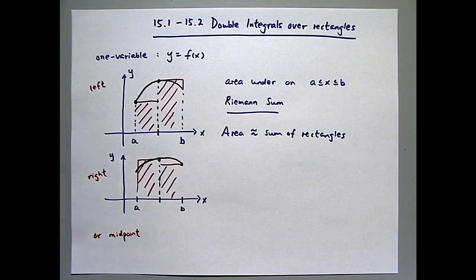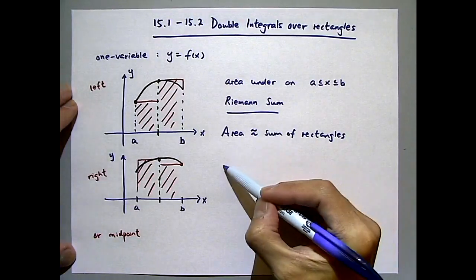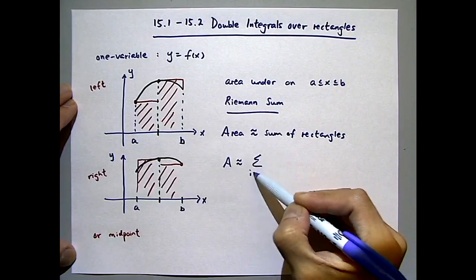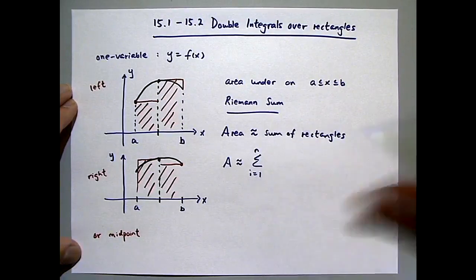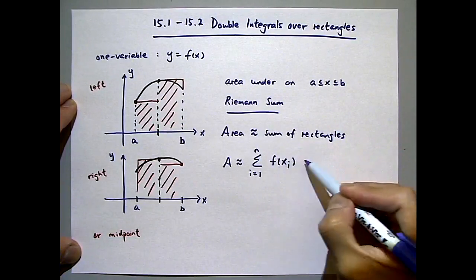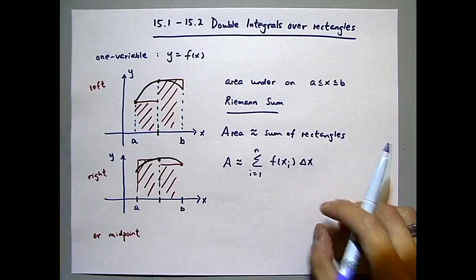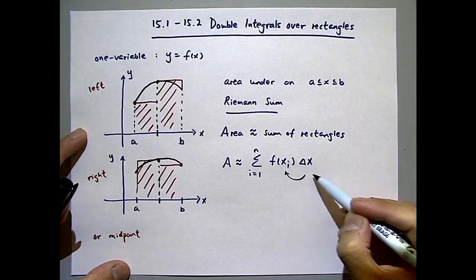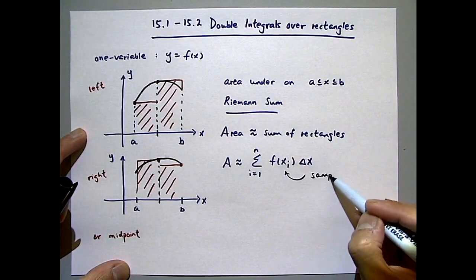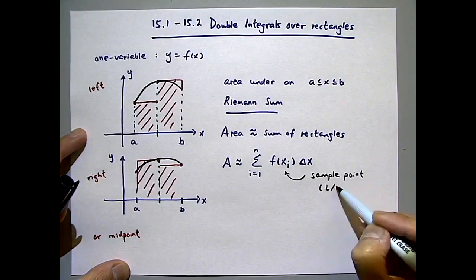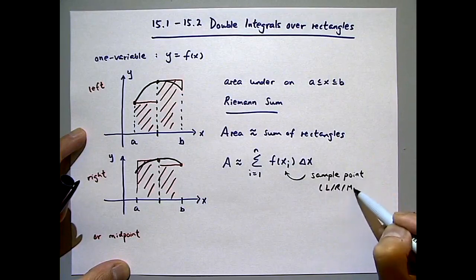Yes? Okay, so we found out that the area is roughly equal to the sum, where n is however many rectangles you wanted to use, and xi, of course, is where our sample point is: left, right, or mid.